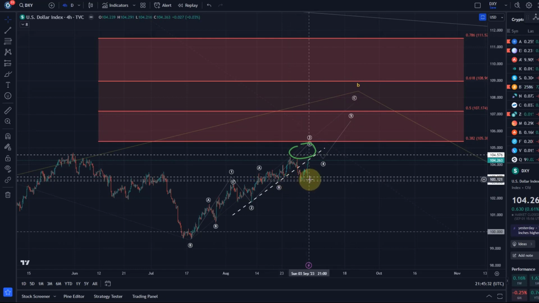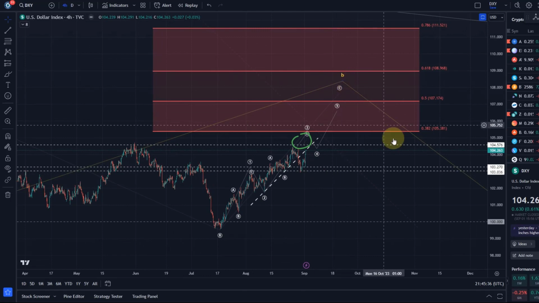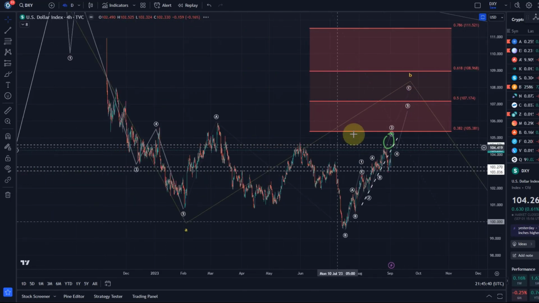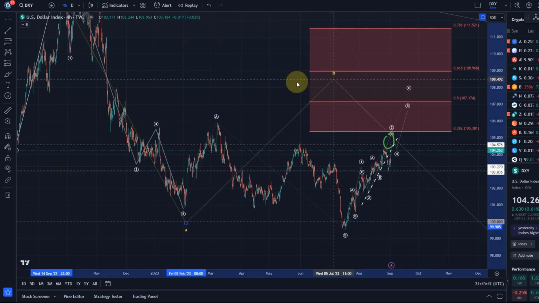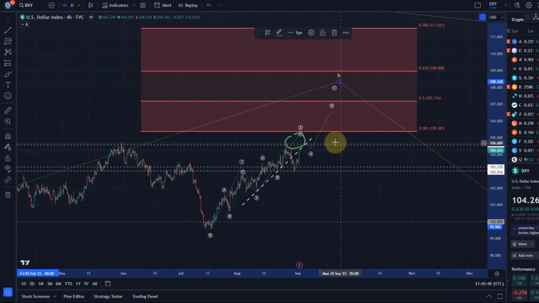A break below $103 would make me lean towards, okay, we're already in the C wave down and we already topped here. Then probably in this first scenario I showed you, B wave here and then 1, 2, and we're coming down. But at the moment I'm leaning towards a higher B wave. But important for you is to understand when probabilities shift.